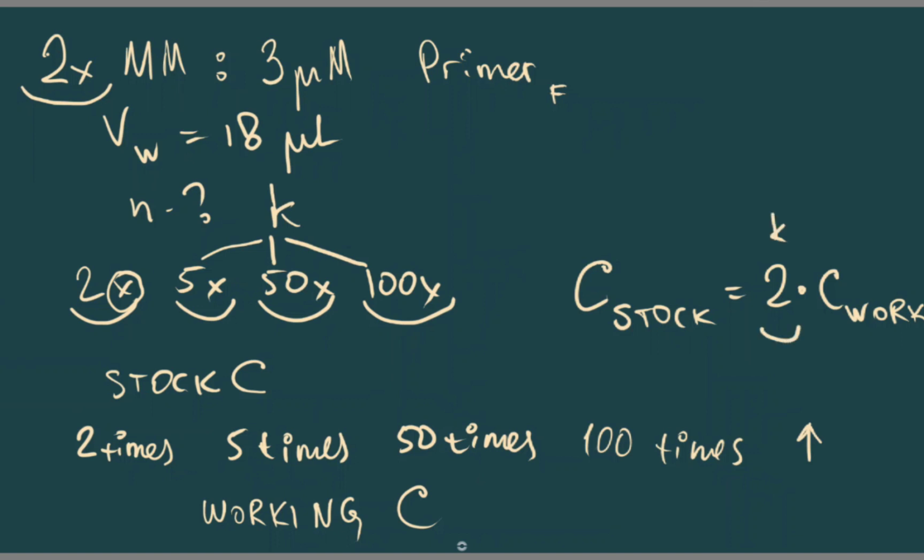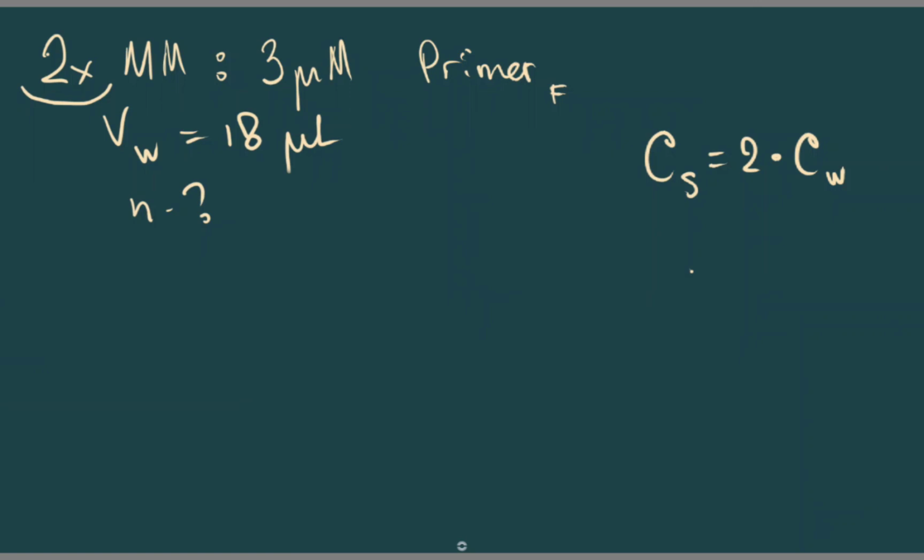So this is the place for the coefficient. In our case, for 2x, we will have C stock equal 2 times CW. From now we can put this equation into our formula.